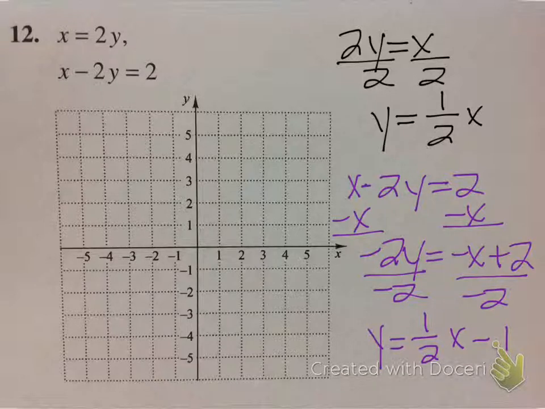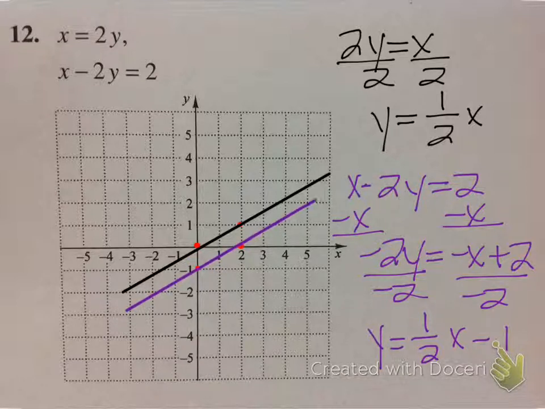So let's graph the top one. My y-intercept of y equals 1/2 x would be 0, and I would go up 1 over 2. And I'm going to graph that line. My other equation, my y-intercept is negative 1. My slope is also up 1 over 2. And when I graph this line, I get this.